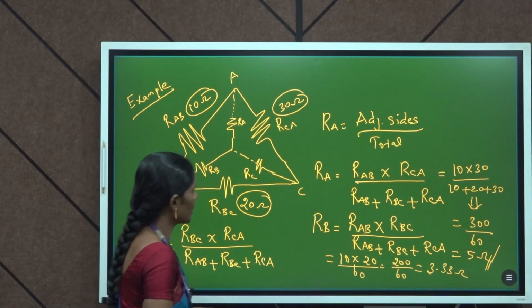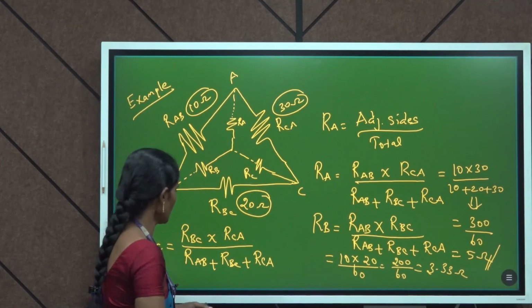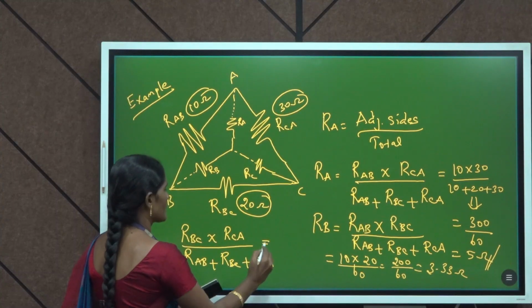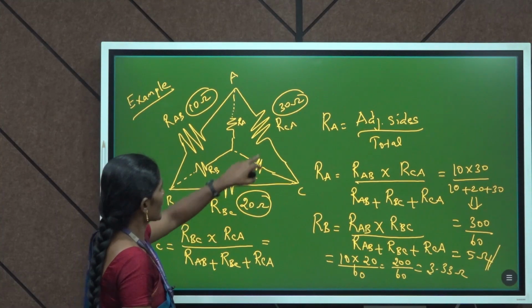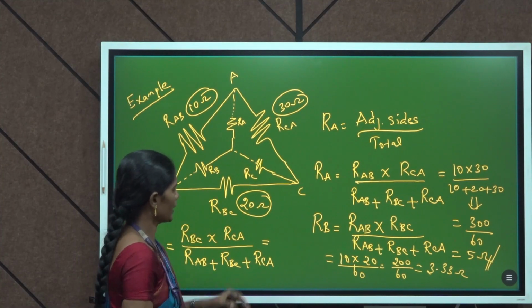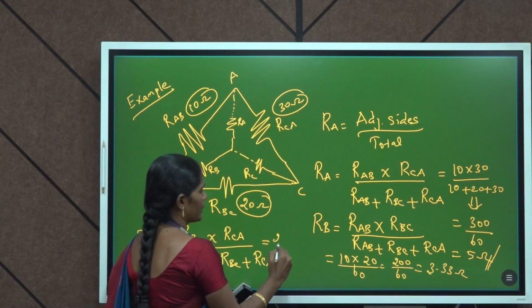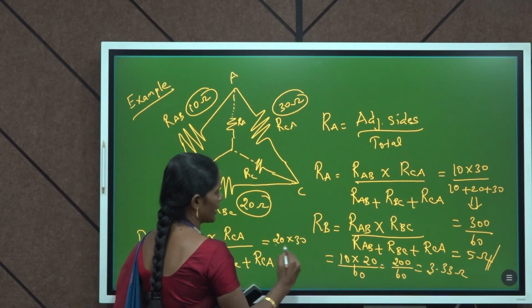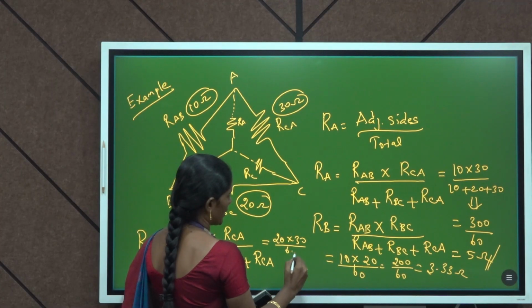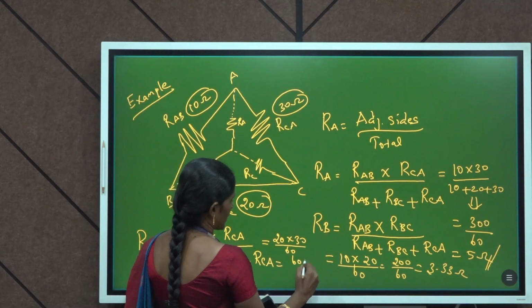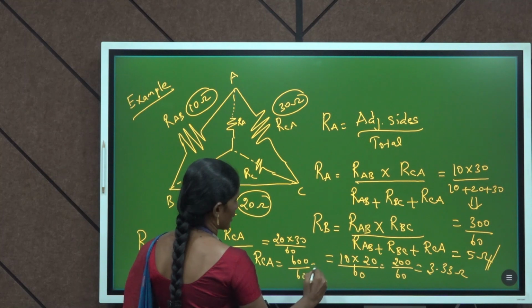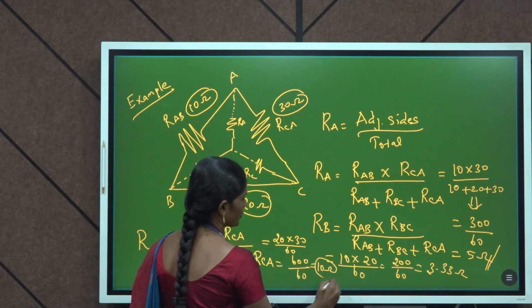So, RB is 3.33 ohm. Next, we can find RC. The adjacent sides for RC here are 20 as well as 30. So, 20 ohm multiplied by 30 ohm divided by the same total. So, 600 divided by 60, which will give 10 ohm.